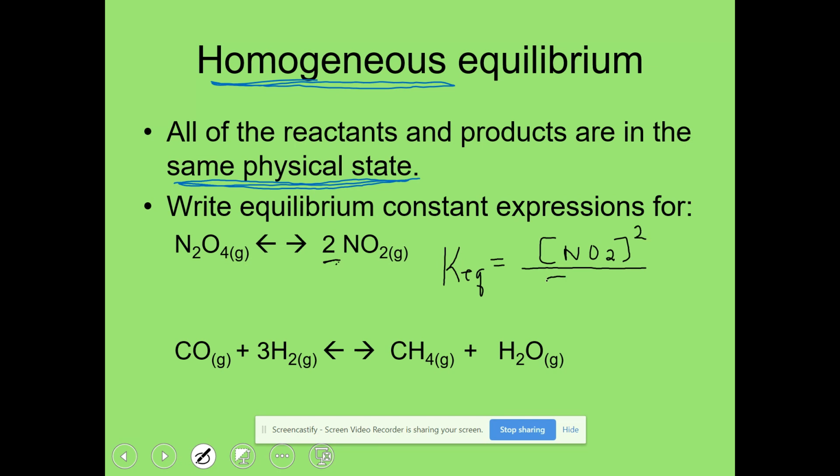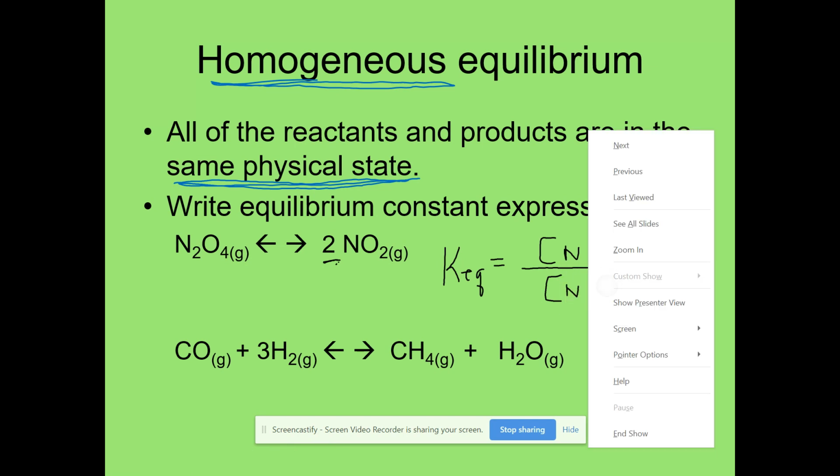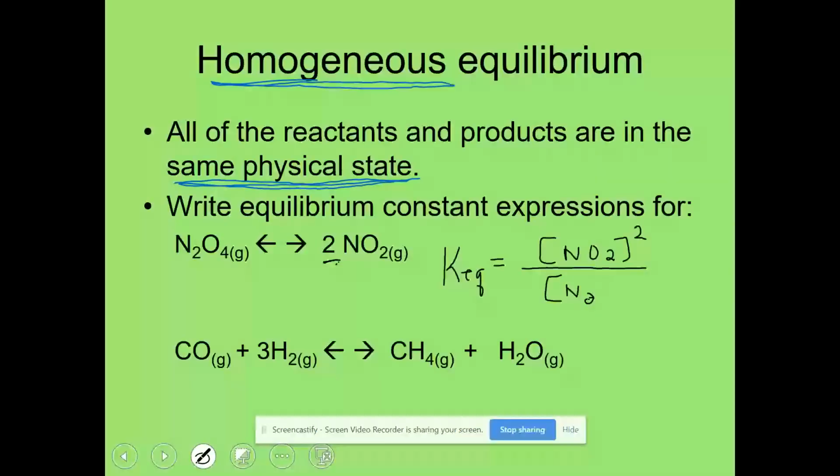And then the N2O4 concentration is on the bottom, okay? And this is the expression that you would use to calculate a value for the KEQ.